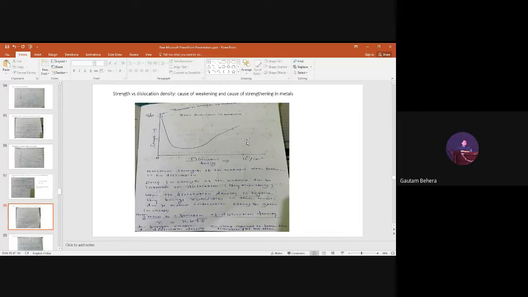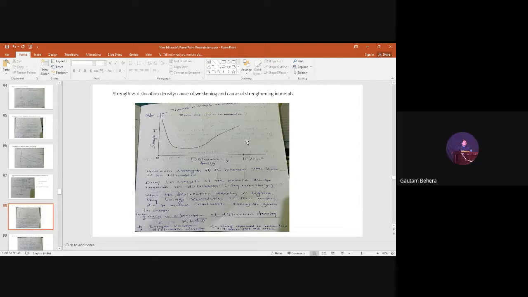Sir, annealed first, then single crystal. Annealed will have high strength, says Barik. Sir, low dislocation density. Annealed will have low strength, says Soumya. Allow Soumya to speak.